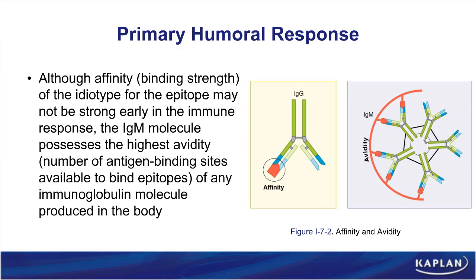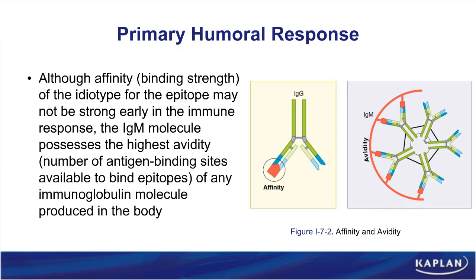Now, what we see with IgM is something called a high avidity, and the avidity actually increases with the addition of additional binding sites. So, for example, IgM, we already said, has the capacity to bind 10 antigens. So of all of the different antibody isotypes, IgM has the highest avidity.